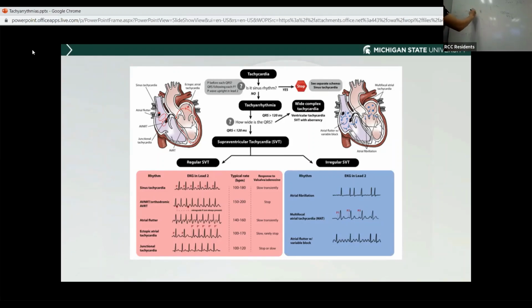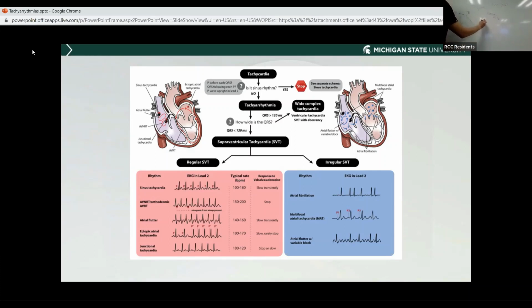So when the SA node fires, the impulse will be conducted through the AV node, and also one impulse will be conducted through the accessory pathway. But the AV node has a delay, while the accessory pathway doesn't. So you will conduct the P wave from the SA node, and then by the time of the AV nodal delay, the accessory pathway doesn't have it.